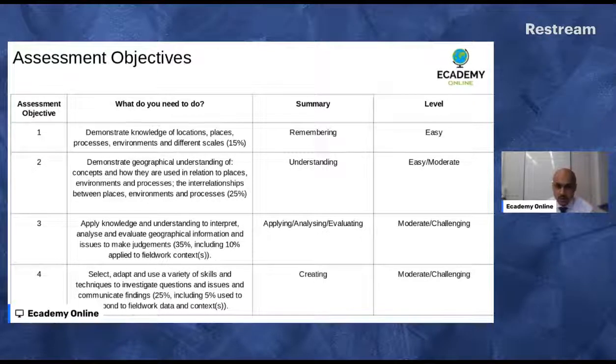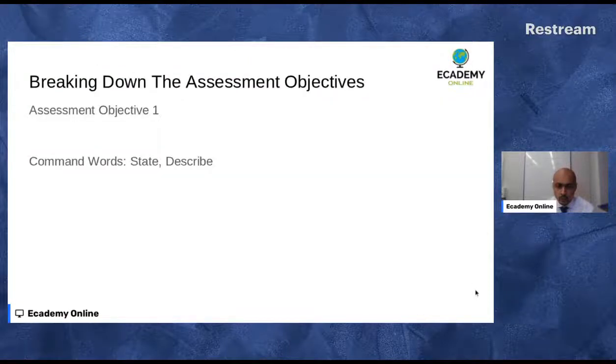Assessment objective 2, where you've got to apply your understanding to something. Then assessment objective 3, which is applying something, which is a little bit more challenging. And assessment objective 4, which is you creating. So that tends to be a little bit more complex, and we'll look at those examples later on. So remember, with assessment objective 1, command words you must know are state and describe.